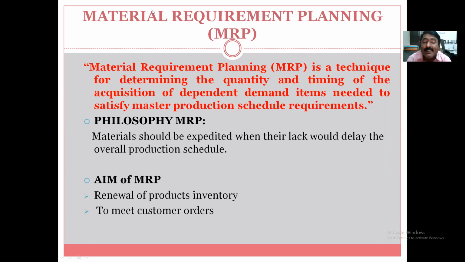This is to meet the customer order, and this is the main aim of MRP, because it all depends upon the availability of the required material in required quantity at the right time with appropriate quality. If the material itself is not available, no one can proceed further.